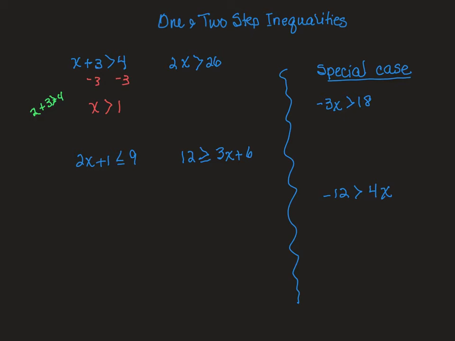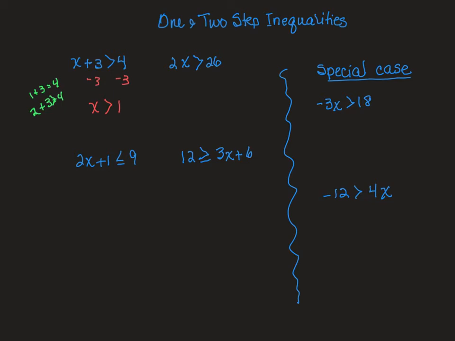That is true. I need to have something greater than 1 to add to 3 to have it greater than 4. So I could have other numbers. 1 plus 3 equals 4, but I need something that's greater than. So anything greater than 1, if I put it into that inequality, it is going to be true.